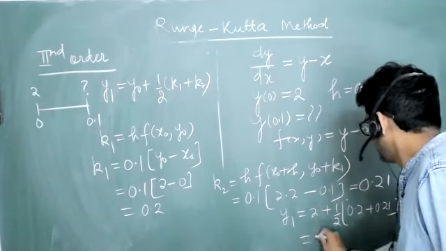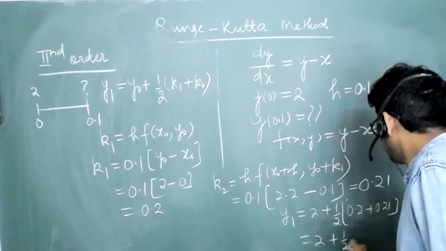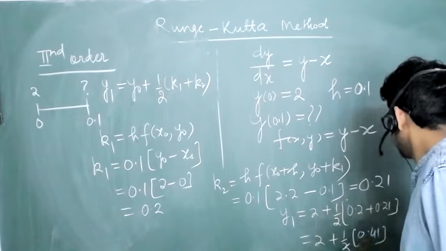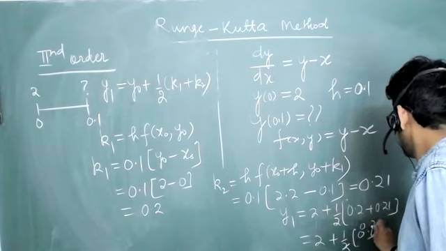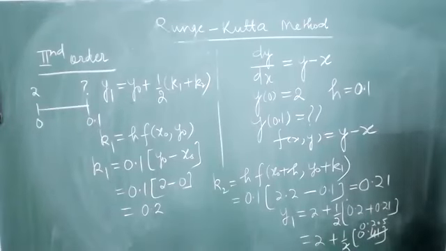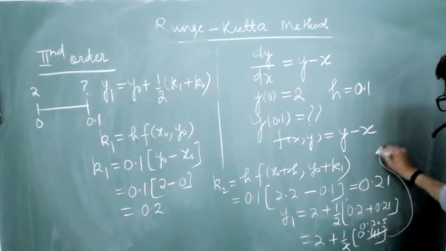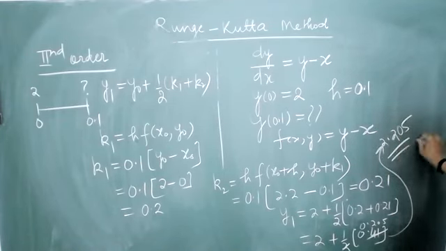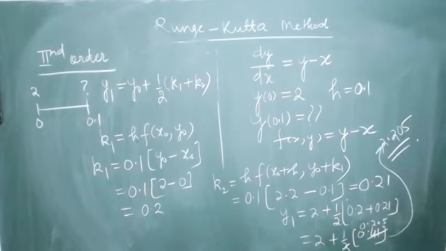So that is equal to 2 plus half of 0.41, so it will become 2.205. So see, this can be a possible question in your exam. Just Runge Kutta second order.